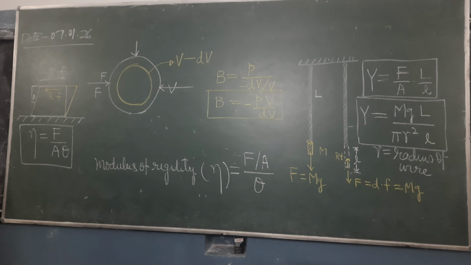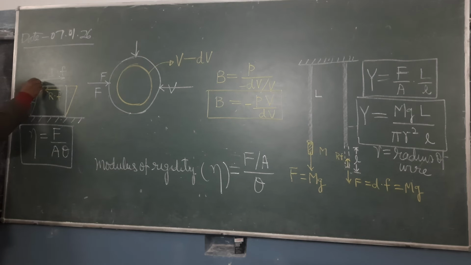And how can you measure theta? Theta will be equal to this length by which the upper surface has moved divided by its perpendicular distance from the fixed surface. Theta equals x upon capital L.